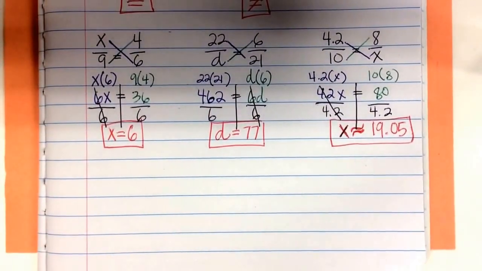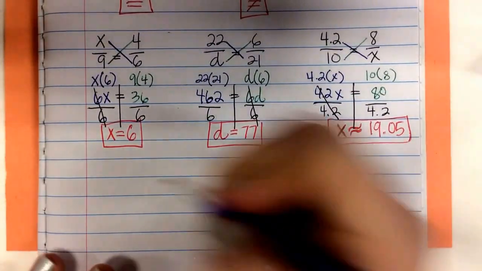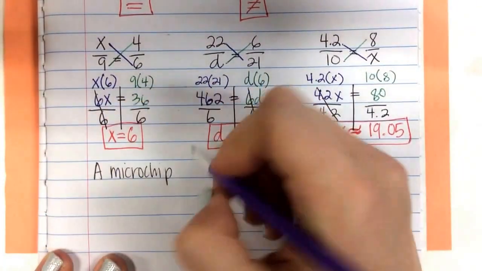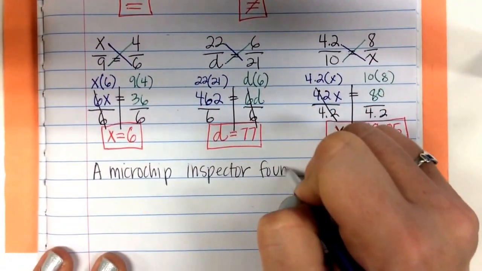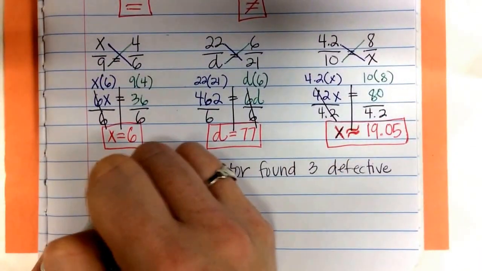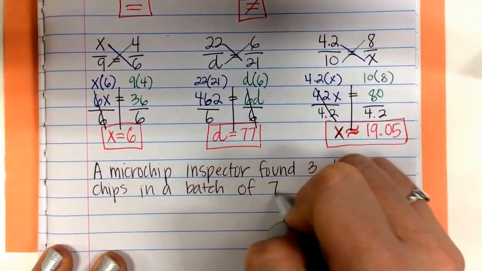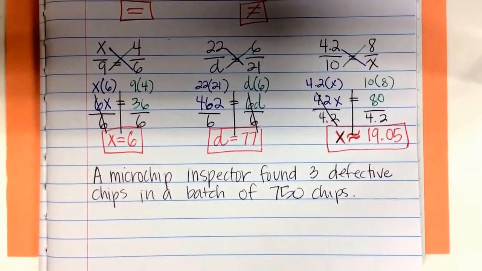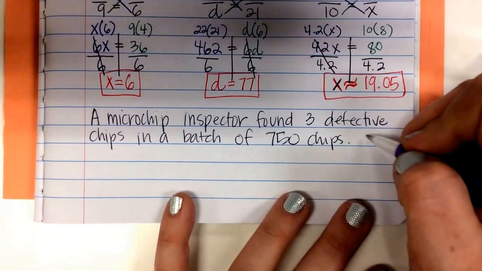All right, one more. Let's write down this word problem. Yes, you need to write it all. A microchip inspector found 3 defective chips in a batch of 750 chips.